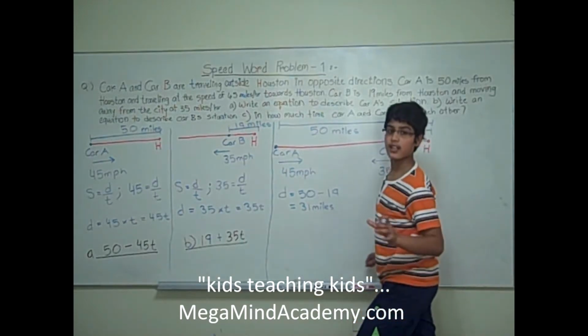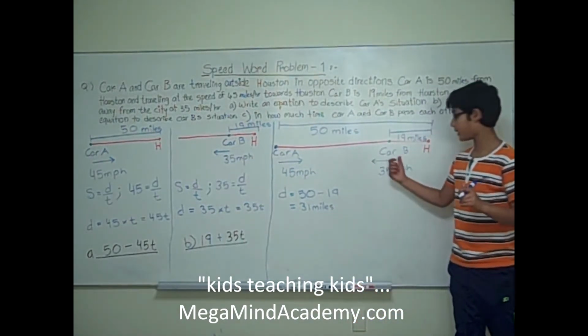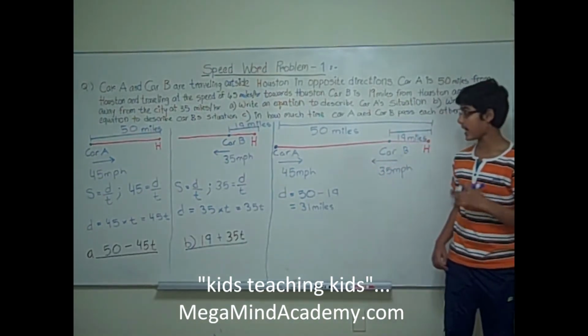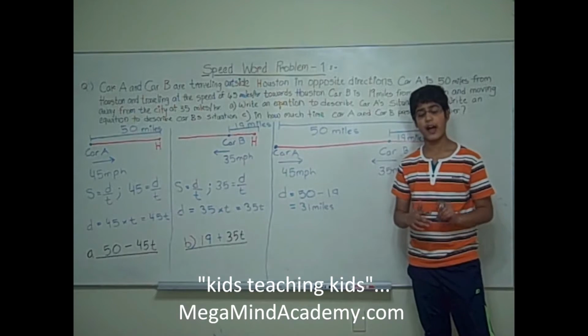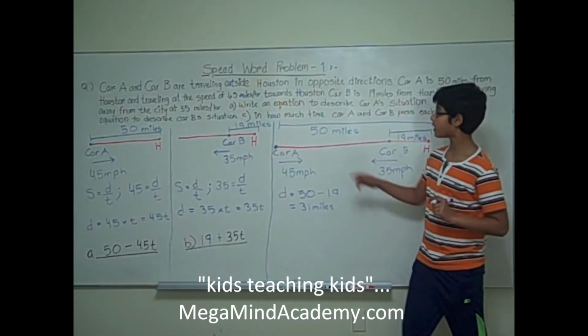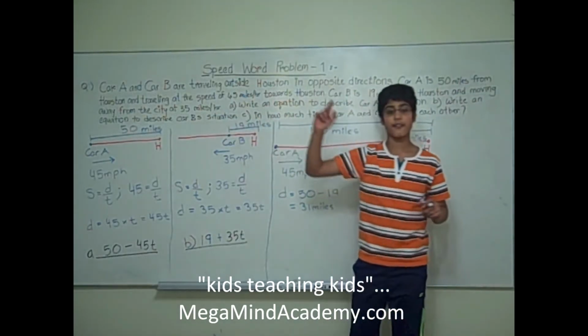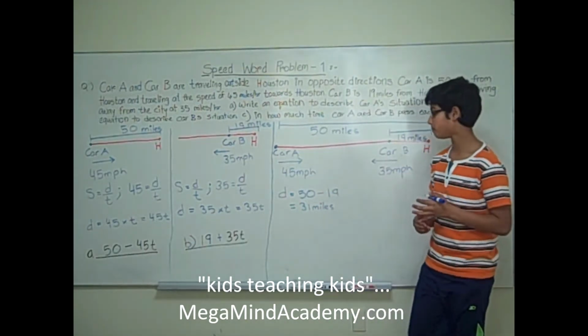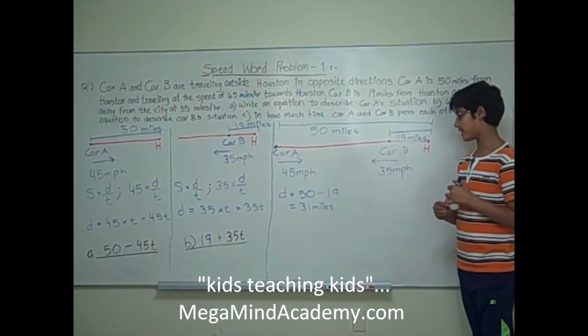Now, since car A and car B are traveling in opposite directions, together they travel 35 plus 45, which is equal to 80 miles per hour. So let's write that down.